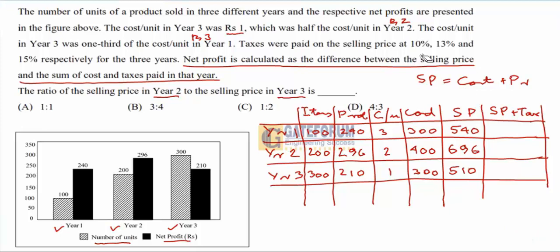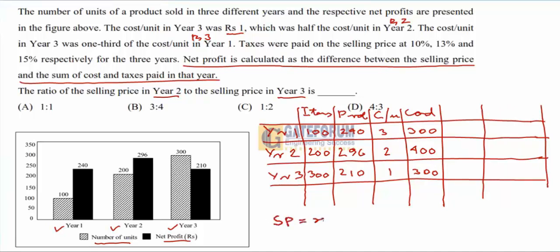Well, that was a pretty tough one for a GATE exam, but nonetheless. So this was wrong, so we have to check out the taxes also. So you see, we do not calculate the selling price like this because this is not the selling price. So let us check out. Suppose in the first year the selling price was X, then the taxes would be 10% of X, that is X by 10.